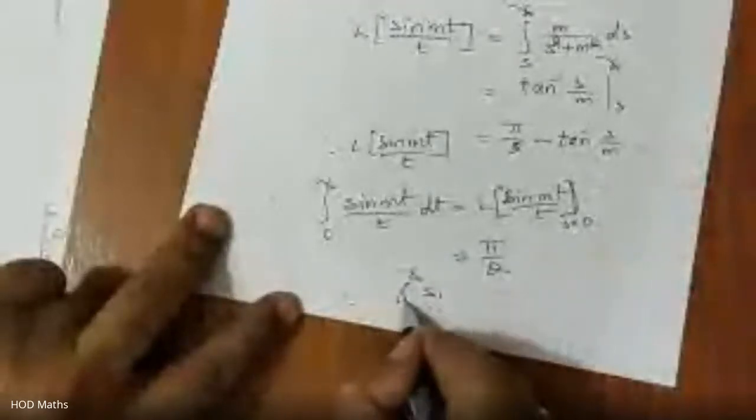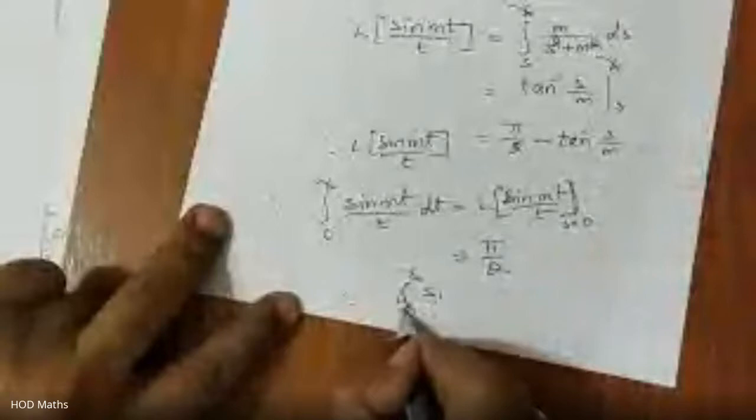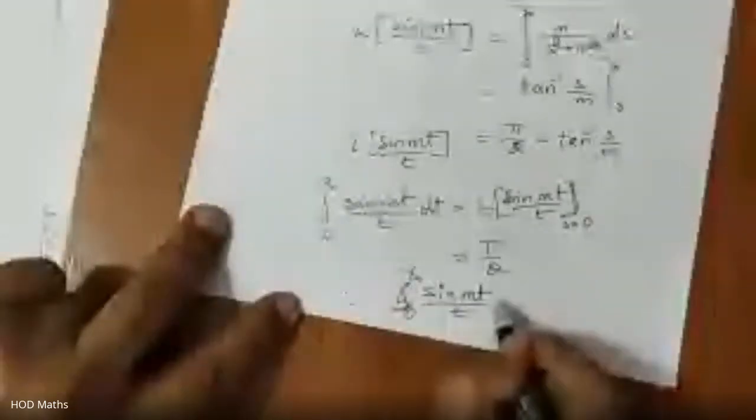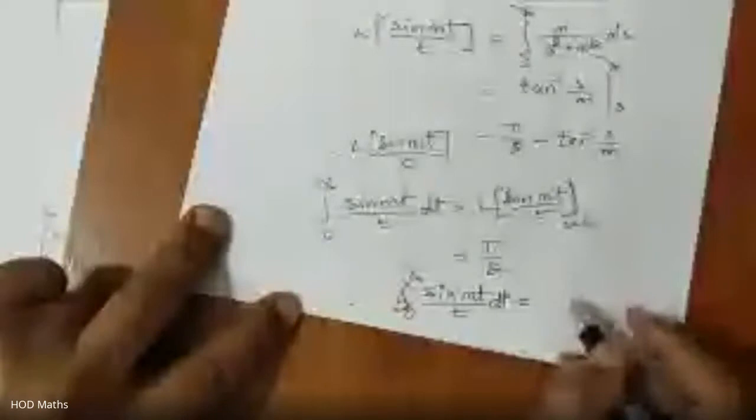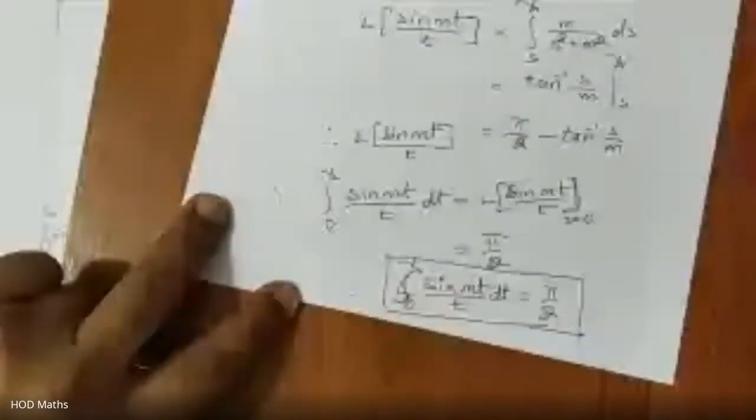Therefore, this will be equal to pi by 2. So the integral from 0 to infinity of sine mt by t dt is pi by 2.